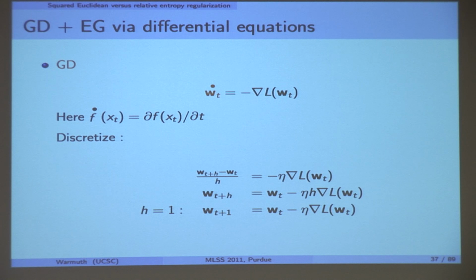Now, if you discretize this differential equation, you get w at t plus h. You write this derivative as this ratio. You set eta h equals 1, and you get this update.